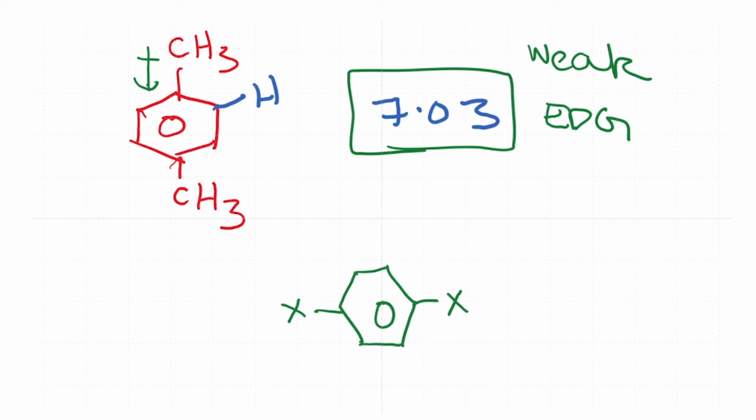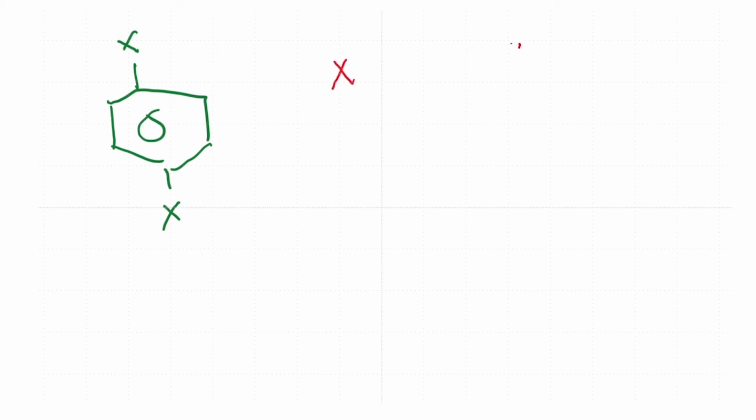Okay, so now let's look at a few more examples, and we'll then wrap up this lecture. The next compounds we're going to look at are again 1,4-substituted, just for simplicity. I'm just going to call this X and X. The first example is where X is a methyl group.